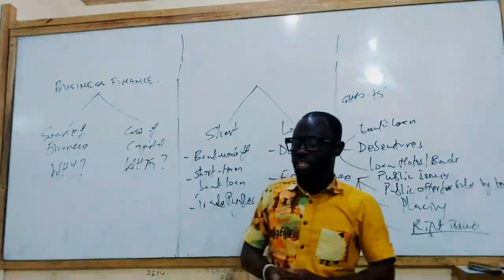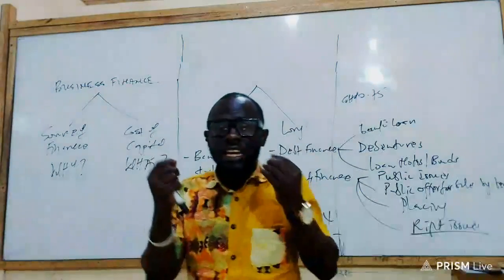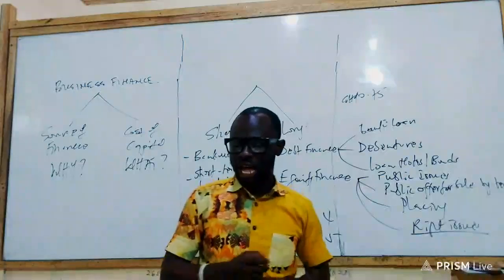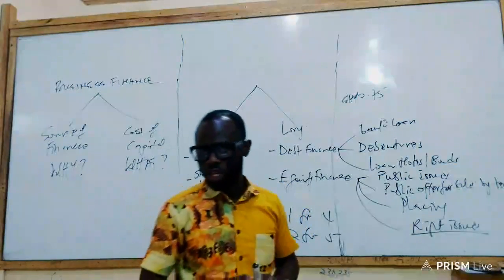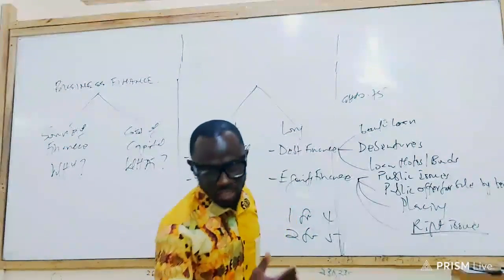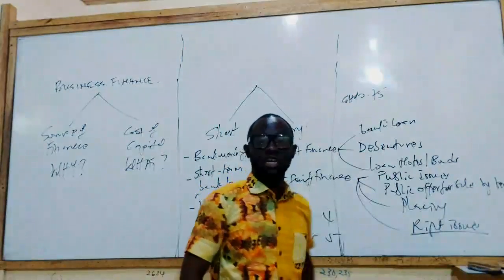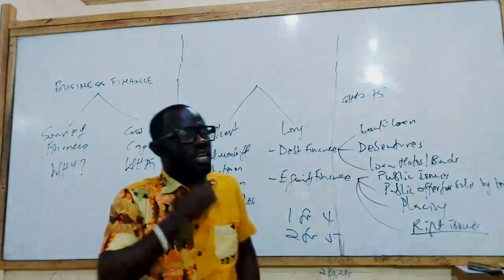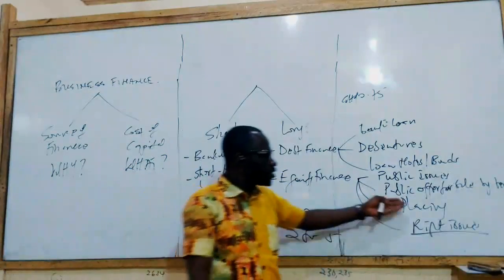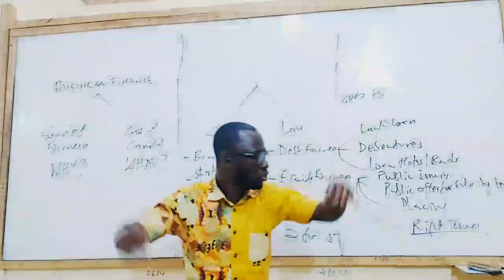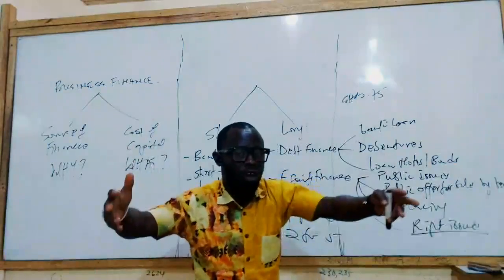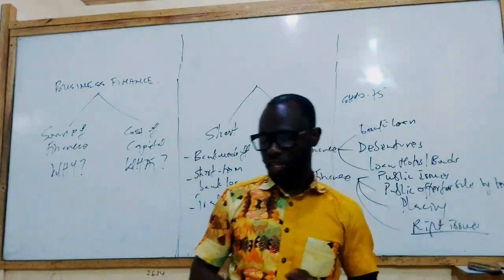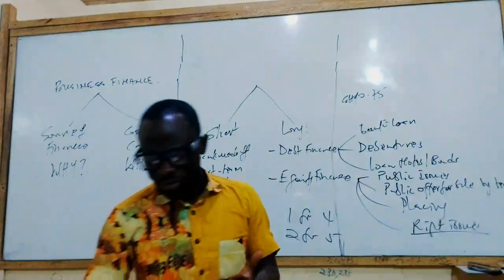In that case, new shares can only be issued by way of right issue through private placing to the existing shareholders. So if you are a private company, you are not listed, you cannot do any public issue or public offer for sale, you can only undertake placing.